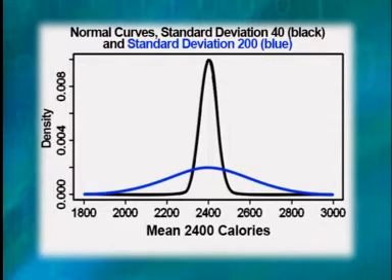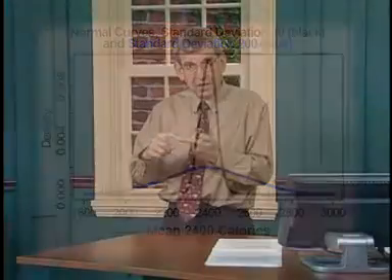So not knowing the deviation, the variety, means that when we take our sample, the sample has to do two things for us. It has to tell us what the mean is, and it also has to give us some sort of indication of the spread of the data.